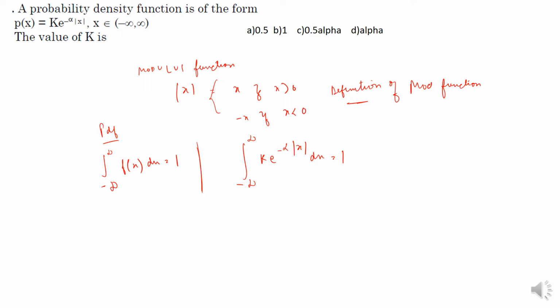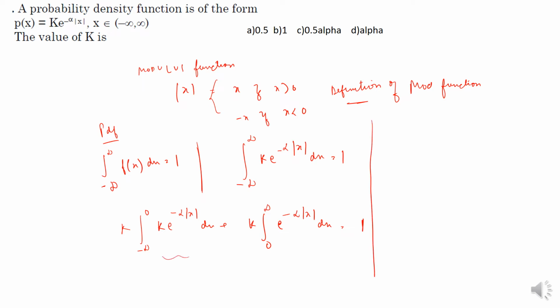Now you can split it. k times the integral from minus infinity to 0 of e power minus alpha mod x dx plus k times the integral from 0 to infinity of e power minus alpha mod x dx is equal to 1. So this is how we can write.